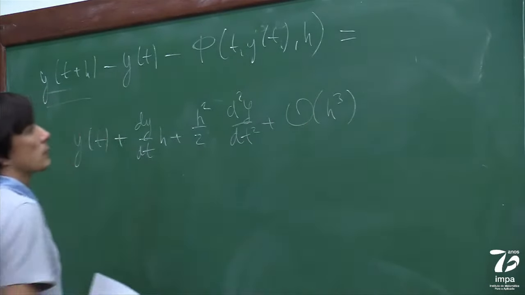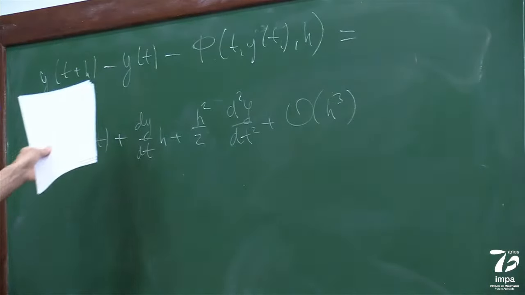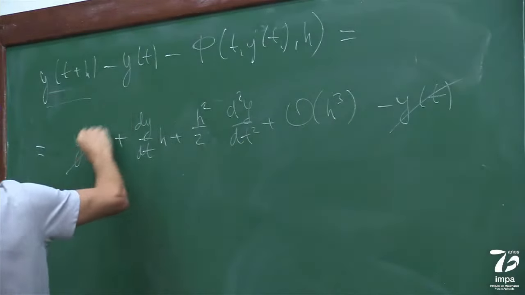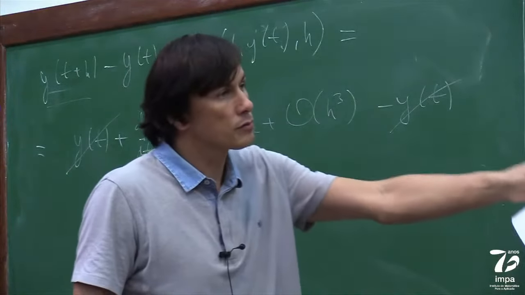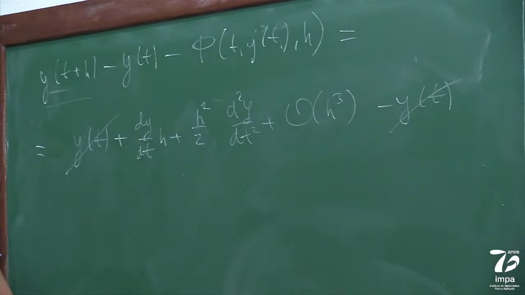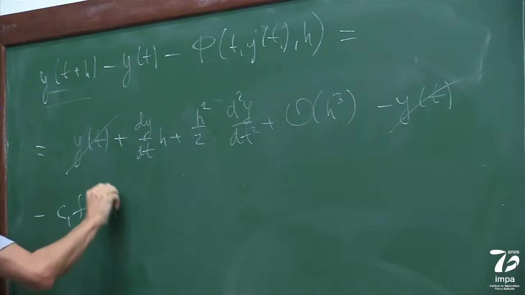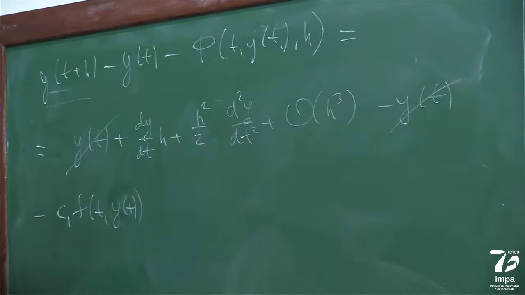So this is the first term, minus y(t), so this will already cancel. And then we put in this phi, which holds this expression there, minus C2.